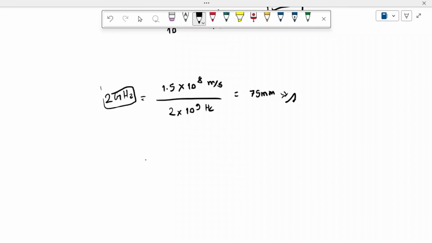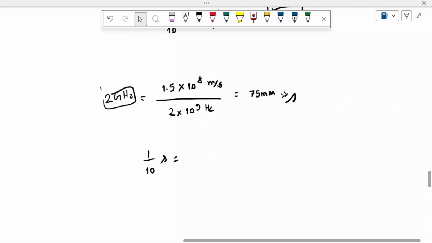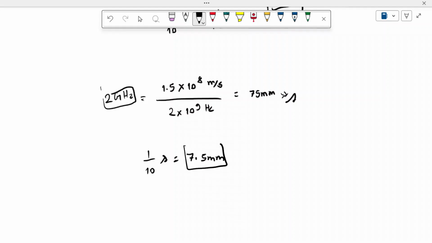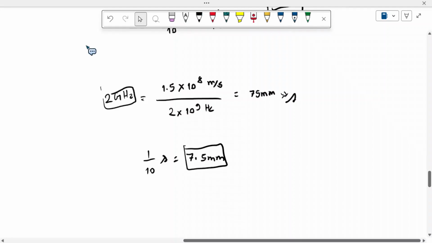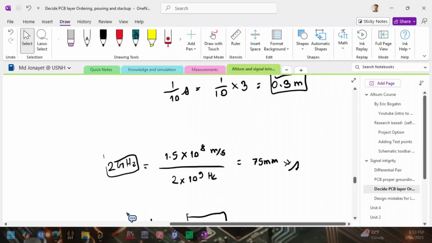And now if you want to do 1/10 of your wavelength, what are you gonna have? You're gonna have like 7.5 millimeter. Oh my gosh, sorry. So you're gonna have 7.5 millimeter. Right now we have 7.5 millimeter, and in our case we have like 11.58 millimeter or something like that.